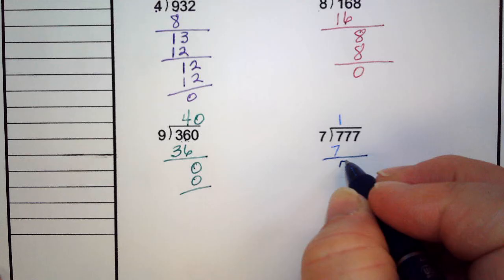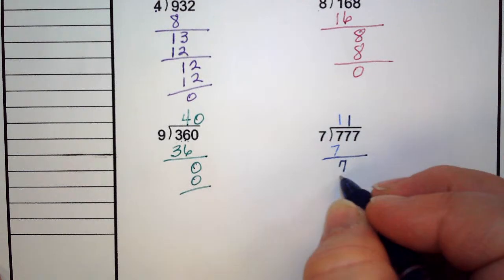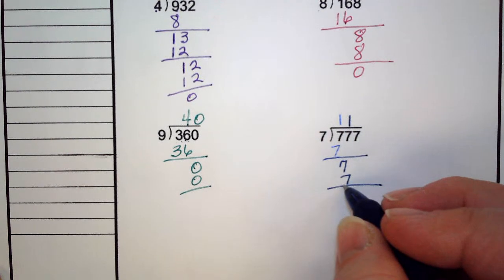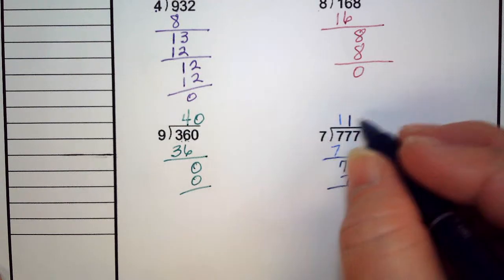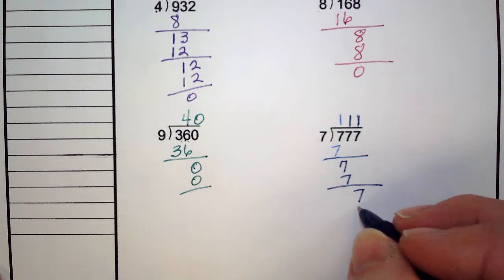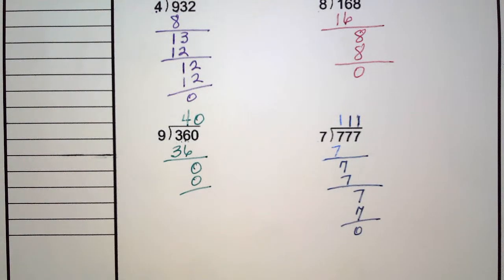Bring down 7. 7 divided by 7 is 1. 1 times 7 is 7. 7 minus 7 is 0. Bring down. 7 divided by 7 is 1. 1 times 7 is 7. No remainder. So 777 divided by 7 gives me 111. So this is how you divide.